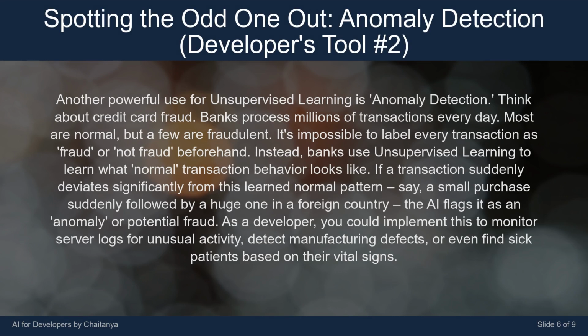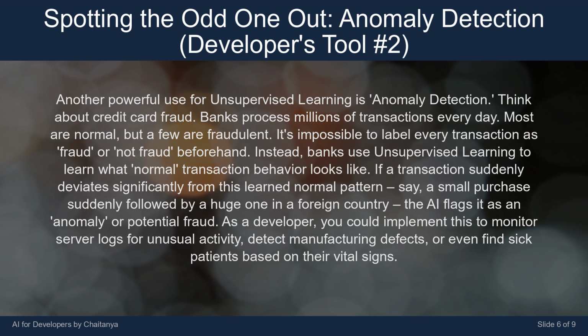Another powerful use for unsupervised learning is anomaly detection. Think about credit card fraud. Banks process millions of transactions every day. Most are normal, but a few are fraudulent. It's impossible to label every transaction as fraud or not fraud beforehand. Instead, banks use unsupervised learning to learn what normal transaction behavior looks like.